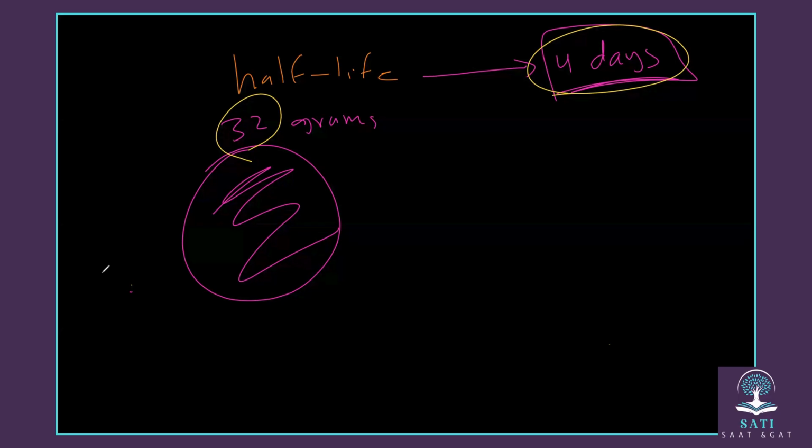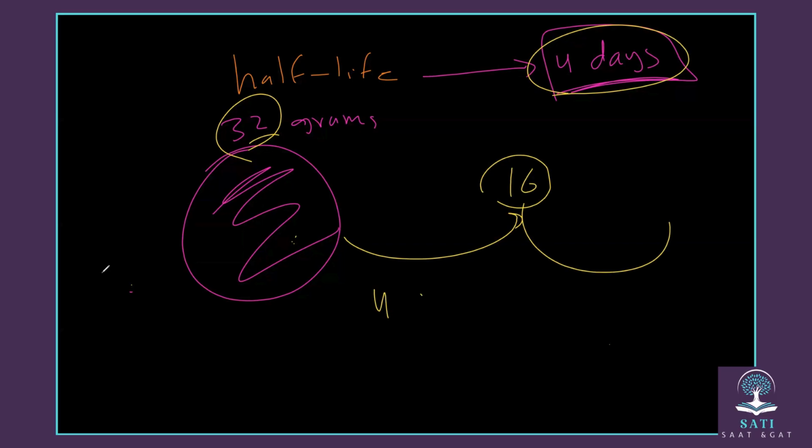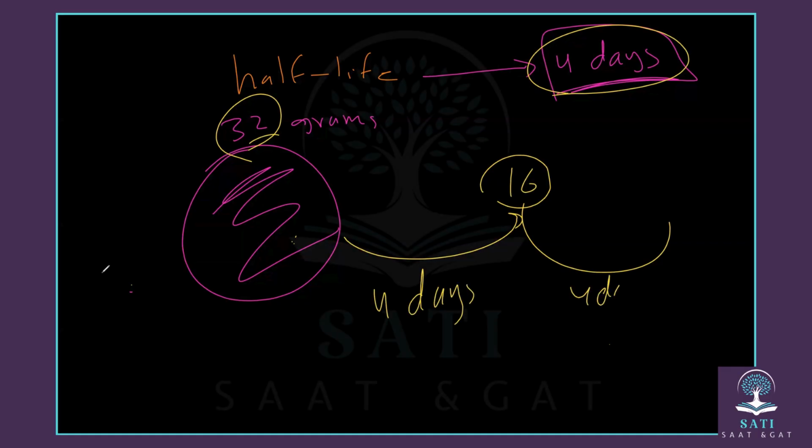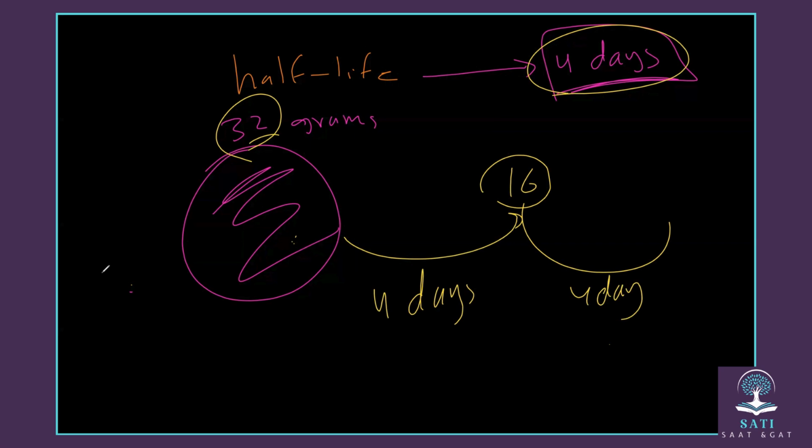That means it will be lost. So in this case, after 4 days, it's going to be half of this number, which is 16. After another 4 days, this 16 will be 8. And after also 4 days, it's going to be 4. And after 4 days, it's going to be 2.